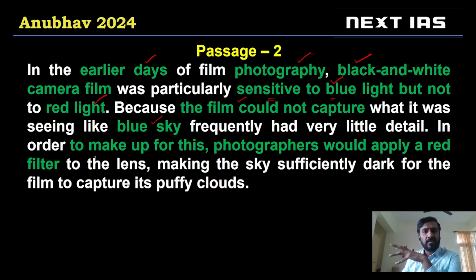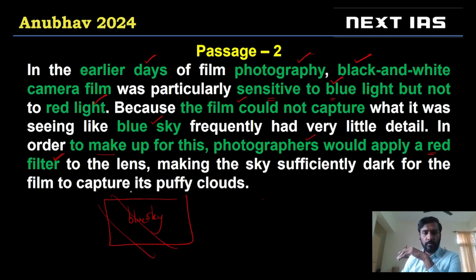So to balance this out, to make up for this, photographers would apply a red filter. They would use a red filter. All right, this pretty much covers the main point of the author. So to capture a blue sky, a red filter would be required, right? And this is in black and white photography.